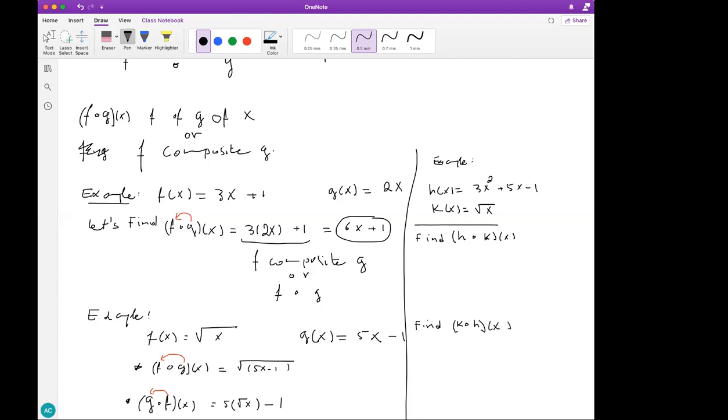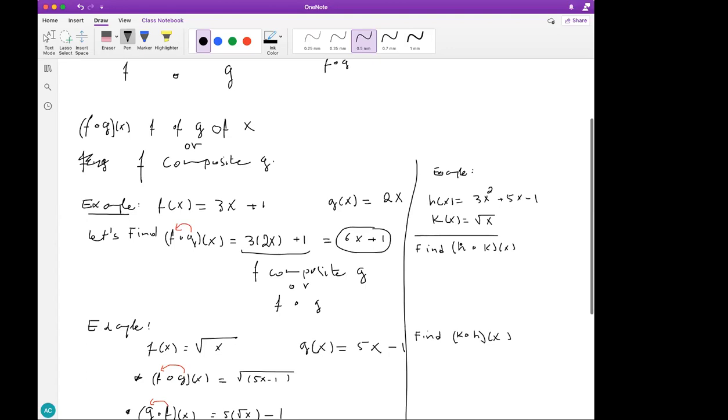All right, so which one do we write first again to find this composition? That's right, we're going to write the h, which is this.